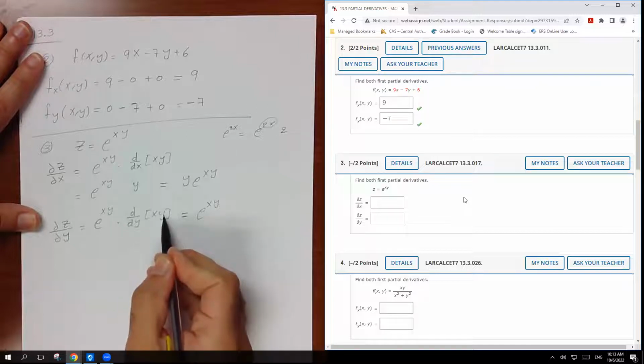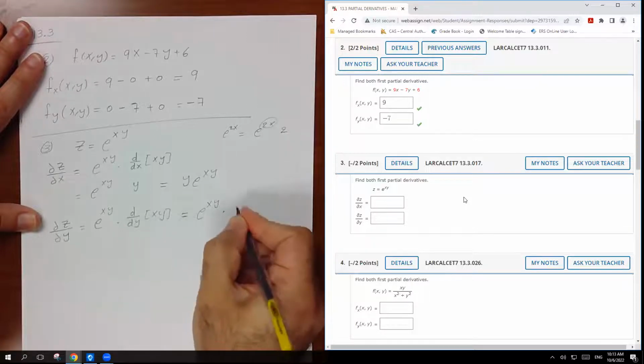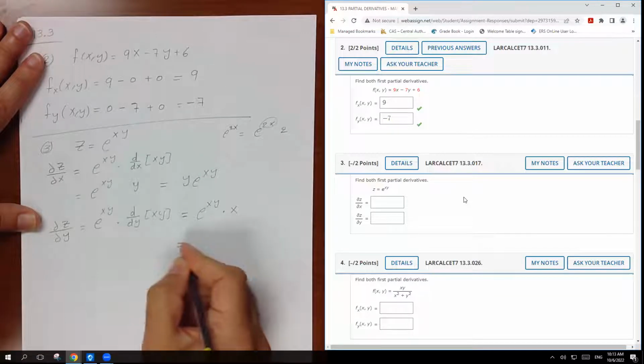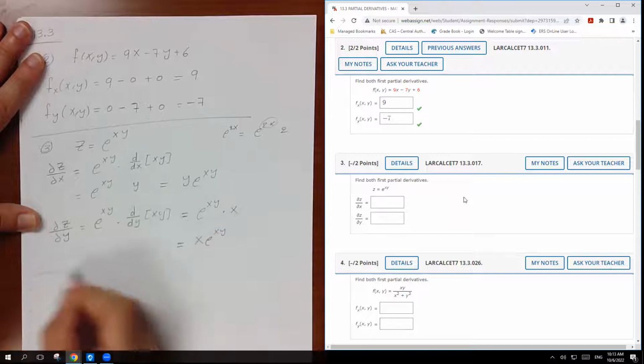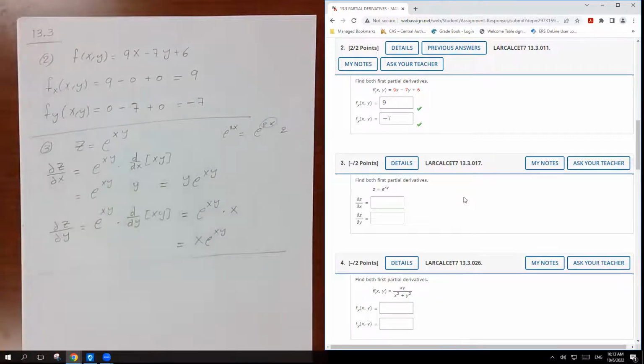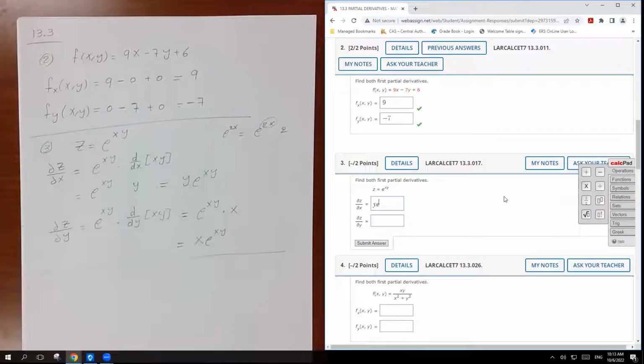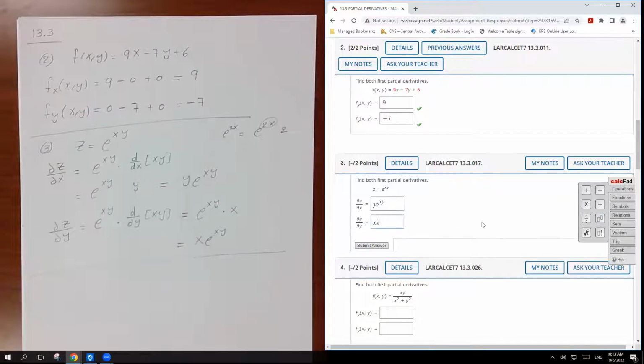The derivative of y is going to be 1, so what's left is x. That means this one is going to be equal to x e to the xy. Let's check both these. That means the first one is going to be y e to the xy, and here is going to be x e to the xy.